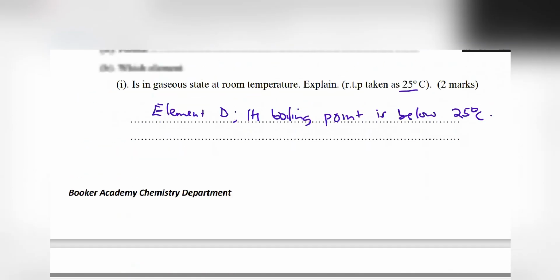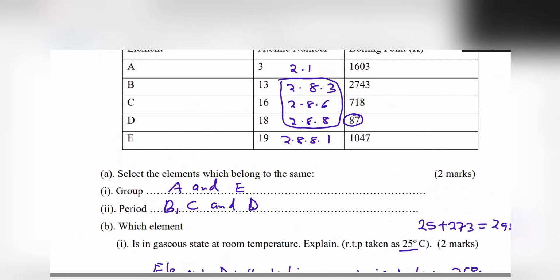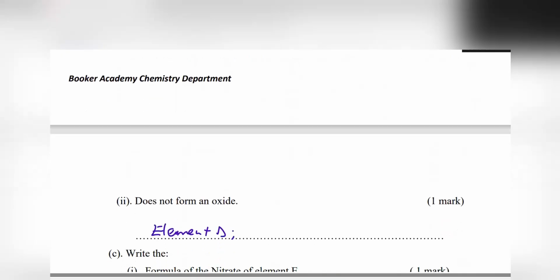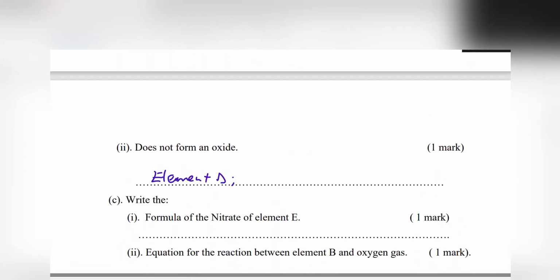Reason, if you look at element D, you realize it has a stable electron arrangement, and therefore it doesn't lose or gain electrons. And if an element does not lose or gain, therefore it is stable and it's unreactive.